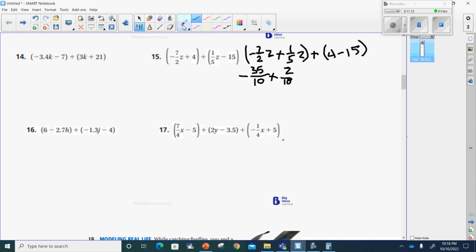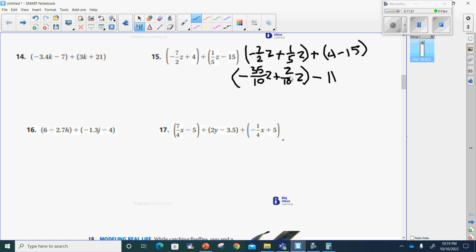Now, I do have to make a little correction here. Remember, these are z's, okay? So this is z, and this is z, and we're adding these together. And I can already do this part over here because 4 minus 15, big number minus small number, that's 11. Keep the sign of the big number, so this would become a negative, not a positive. Now I got to combine these two fractions.